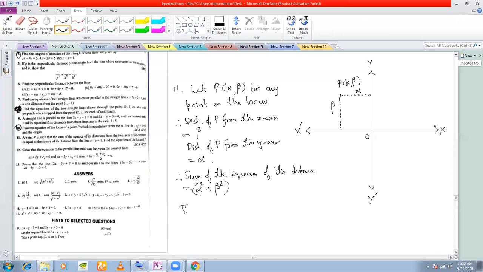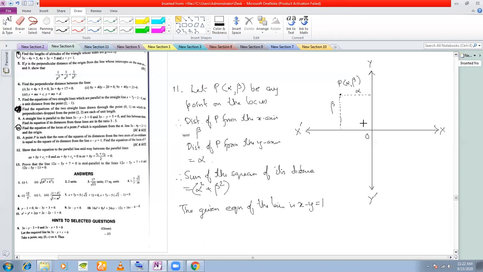So the given equation of the line is x minus y equal to 1. What will this line look like? It will have a positive x intercept and a negative y intercept, each equal to 1.